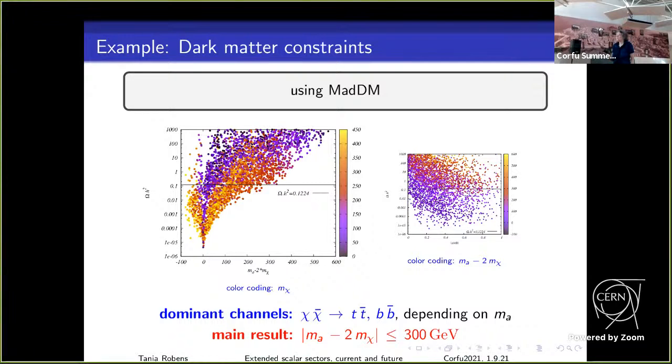You see this typical behavior, what is sometimes called the Higgs funnel, depending on the model you're investigating. You want this to be relatively close, and if you go way too far, at some point there's no way to have enough annihilation not to overclose the universe. The color coding here is the dark matter mass.